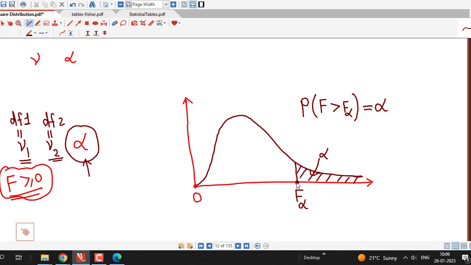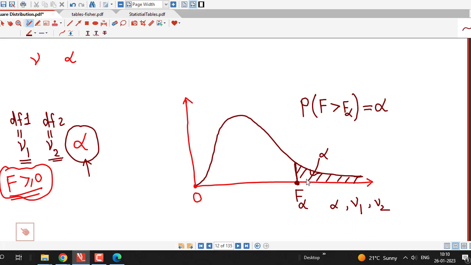That is, the right tail probability is alpha, or the area to the right of this point is alpha. So if I am interested in finding this critical value, I will require degrees of freedom and the value of alpha, and then I will look in the F table to decide this point.